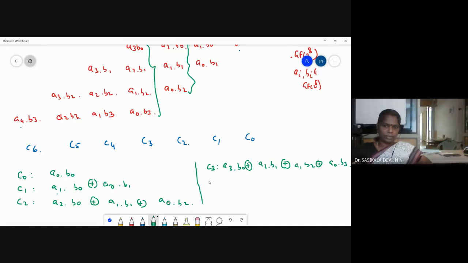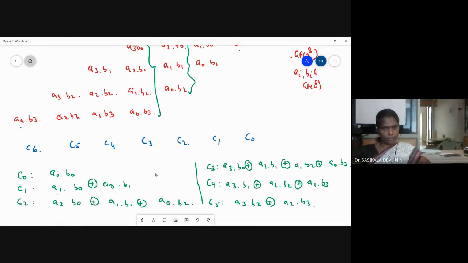Now C4, the coefficient for the x power 4 term, has three elements: A3 into B1 XOR with A2 into B2 XOR with A1 into B3. Then C5 has two polynomials: A3 into B2 XOR with A2 into B3.